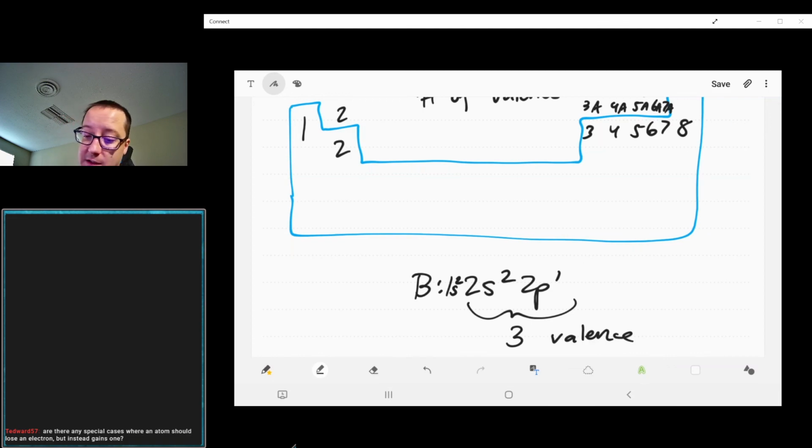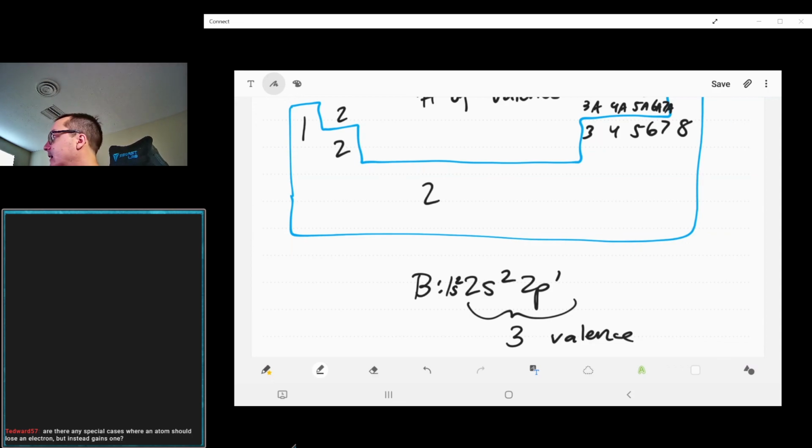All right, notice that all the transition metals are going to have 2 valence electrons as well, because they start putting things into the d orbital. And remember, d orbital is always core. So all the transition metals will have 2 valence electrons.